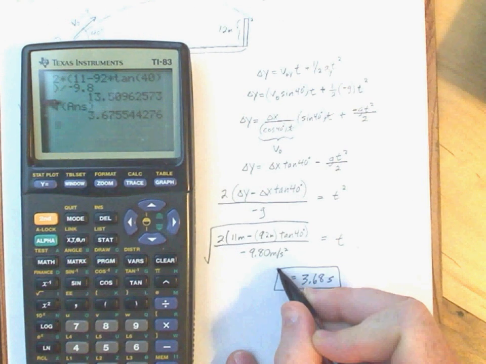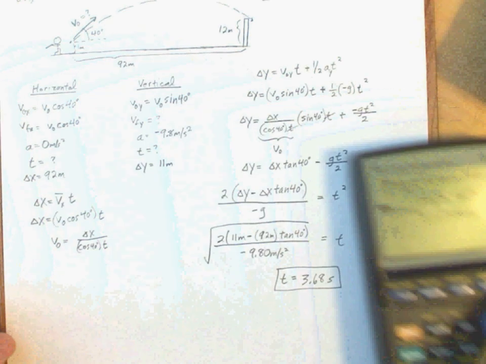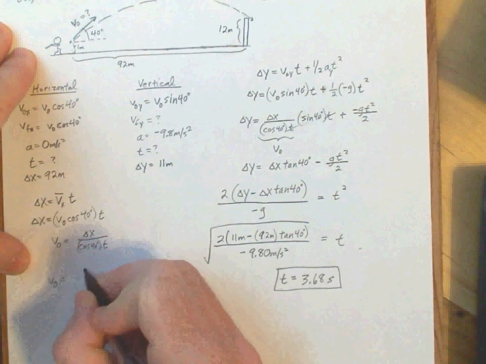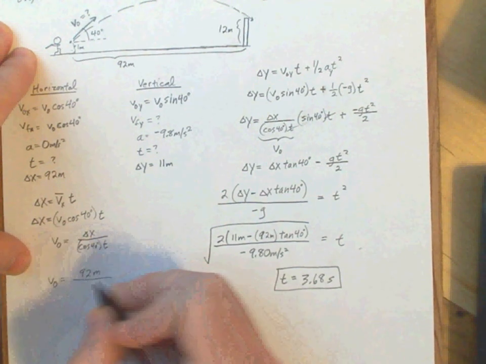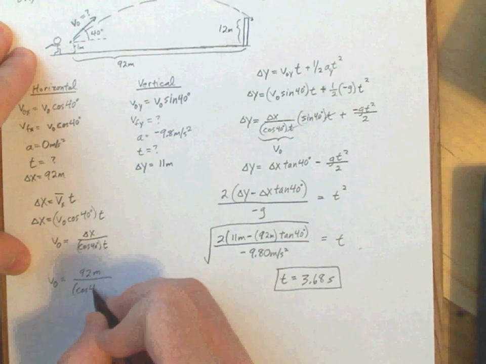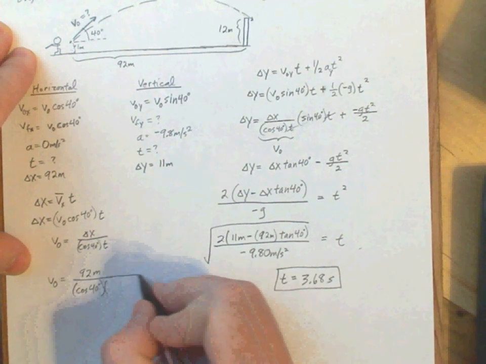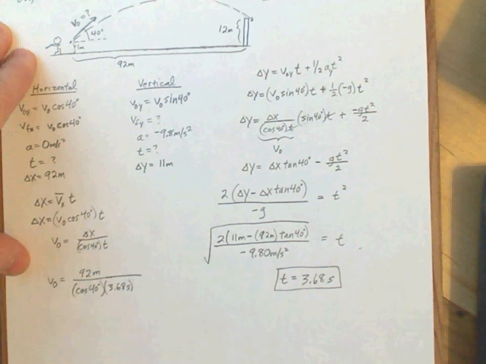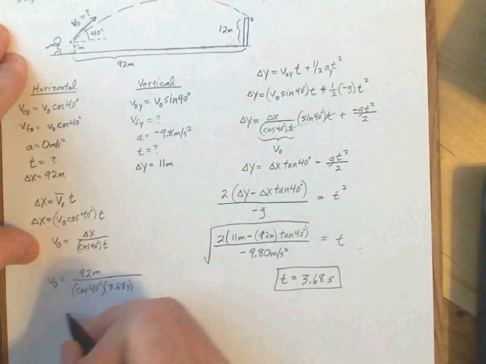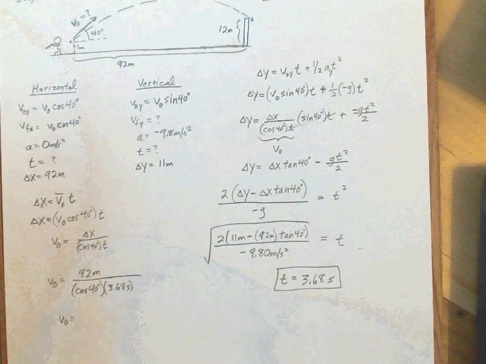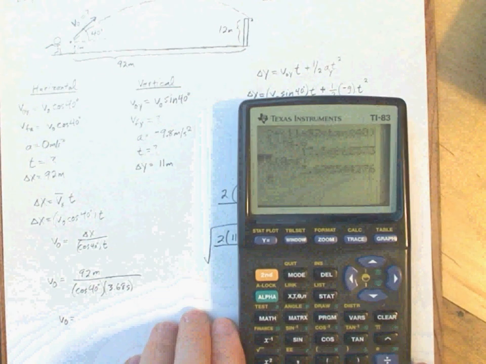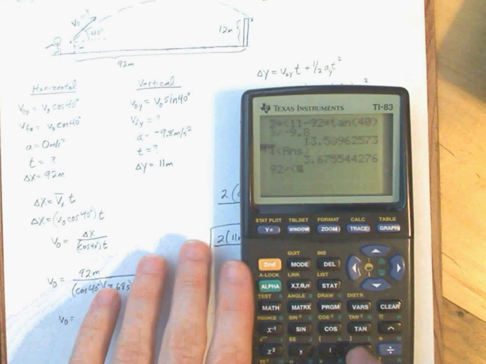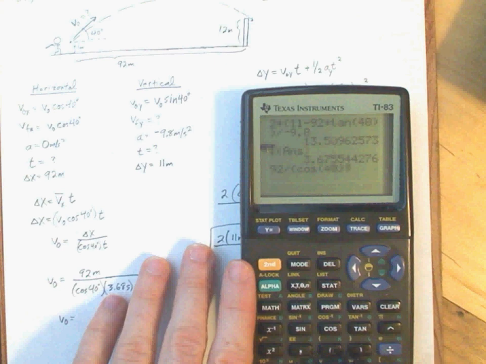Okay. And then plugging that in over here, we should figure out what the original speed is. So that's 92 meters divided by cosine of 40 degrees times that time, 3.68 seconds. Okay. Take a look at what I get there. 92 divided by cosine of 40 degrees times 3.68.